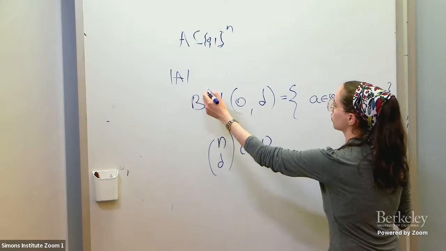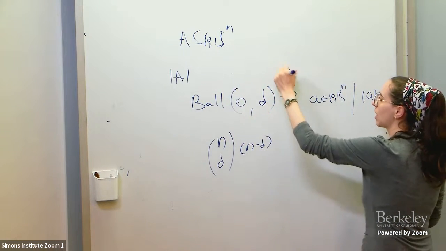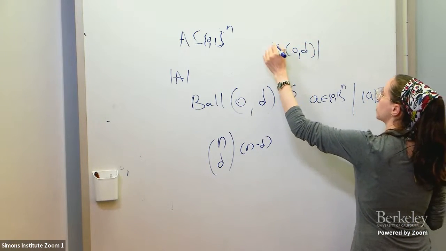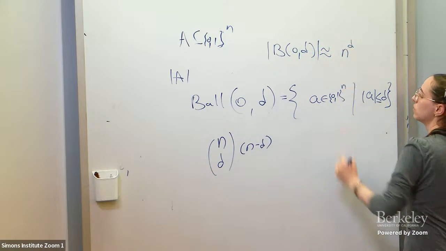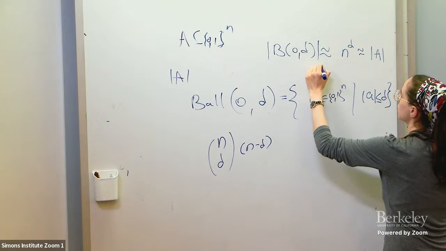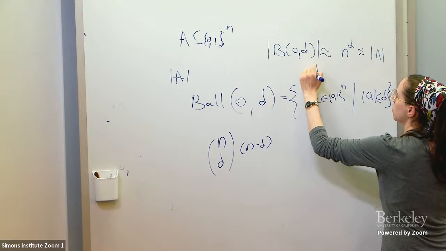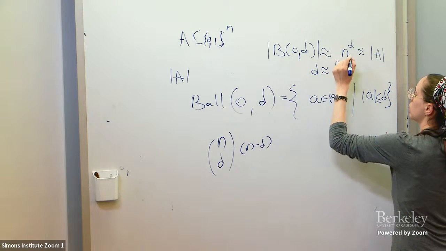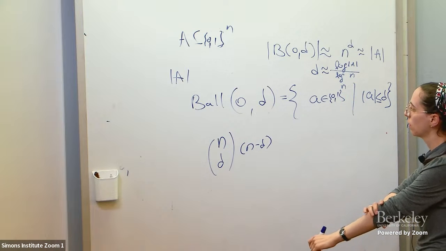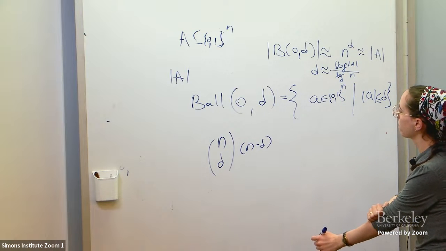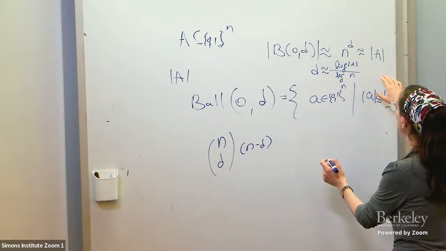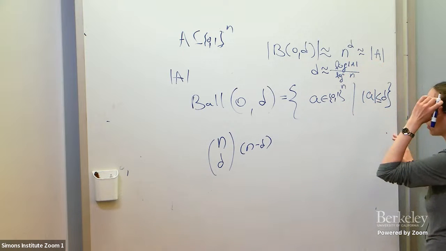Now, if A is of the size of the ball, and the size of the ball is approximately n choose d, which is A, then A and the boundary of A are approximately the same.